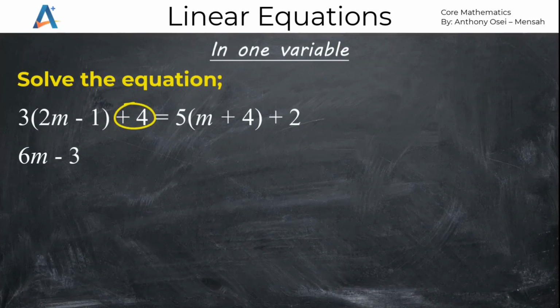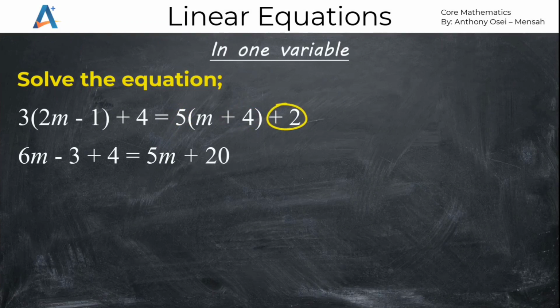The positive 4 is away from the bracket, so we repeat it. Now equal to 5 is directly attached to the bracket, so 5 times m is 5m. Then 5 times positive 4 becomes 20. Now plus 2 is away from the bracket, so it becomes plus 2. It has nothing to do with the bracket since the positive sign keeps it away from the bracket.